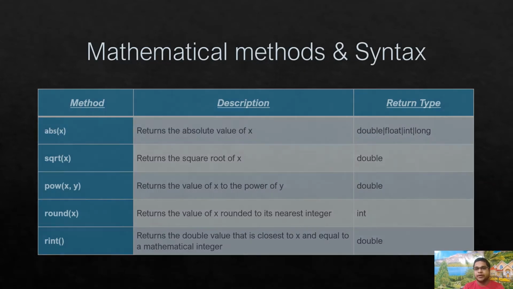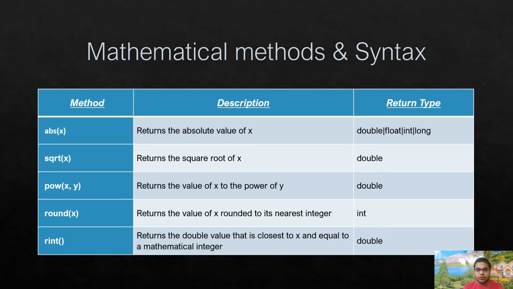So what are the mathematical methods and syntax? Here are some of them. First one is abs, and inside the parentheses I put x. The abs function is the absolute value. The abs function takes a single argument and returns the absolute value of x.